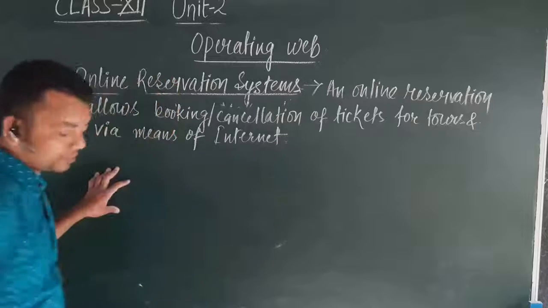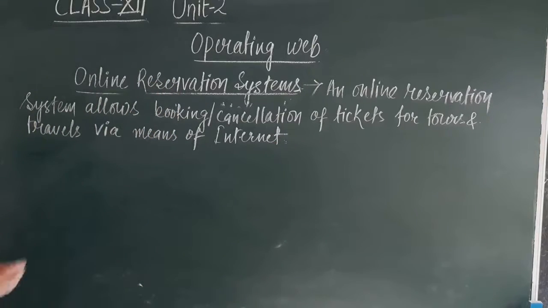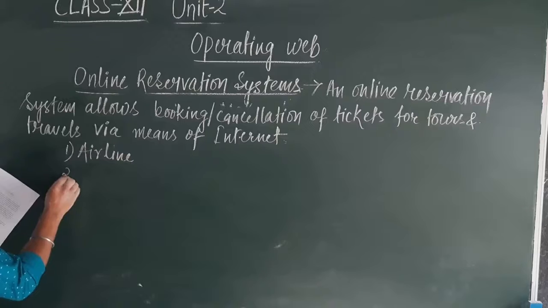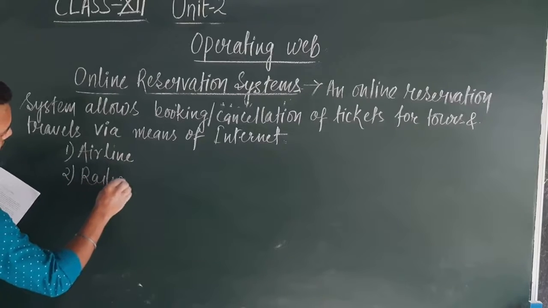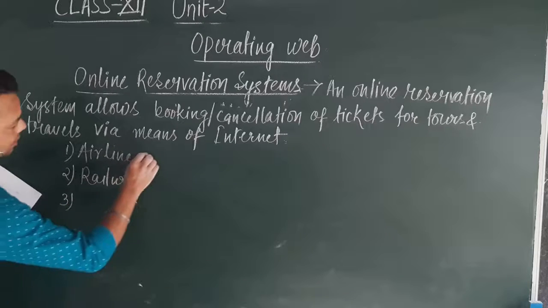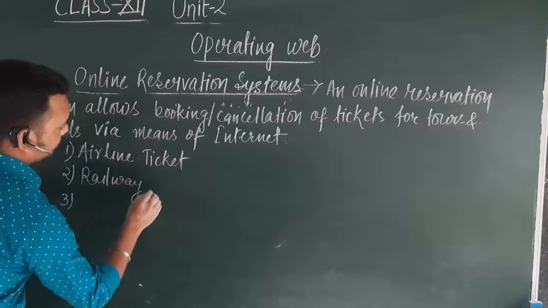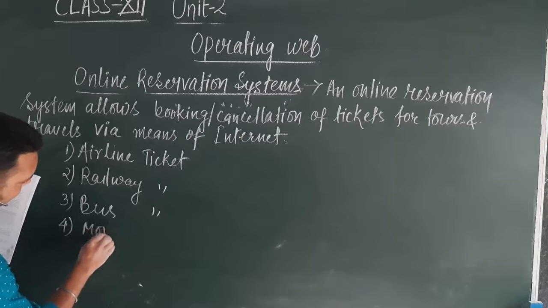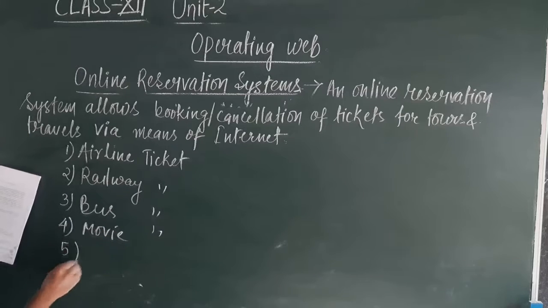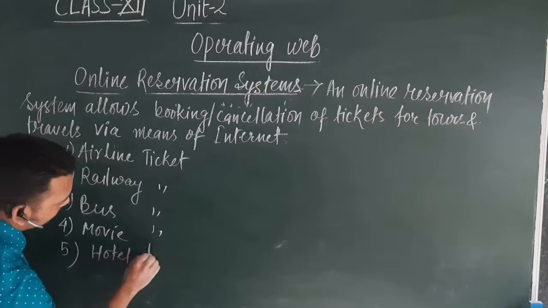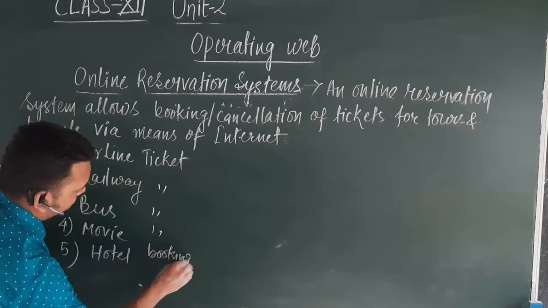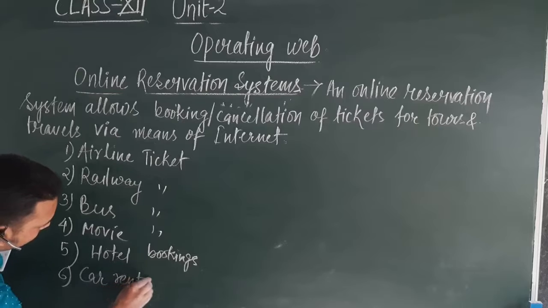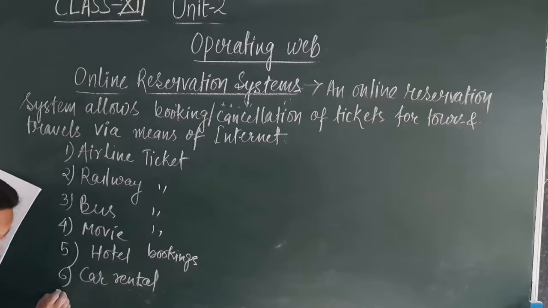Now, as I said earlier, it consists of several options, such as the first one, airline, railway, bus, movie, travel, hotel, meetings, car rental, tour and travel.